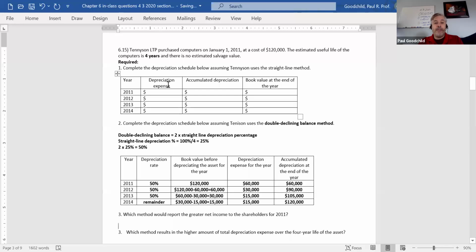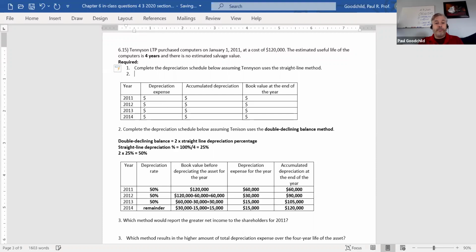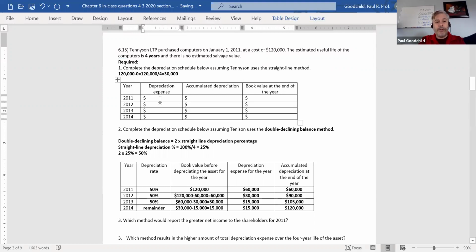Now, straight line depreciation expense, $120,000 minus 0 equals 120,000 divided by 4. So that's 30,000. And so our depreciation expense is 30,000 in that first year.